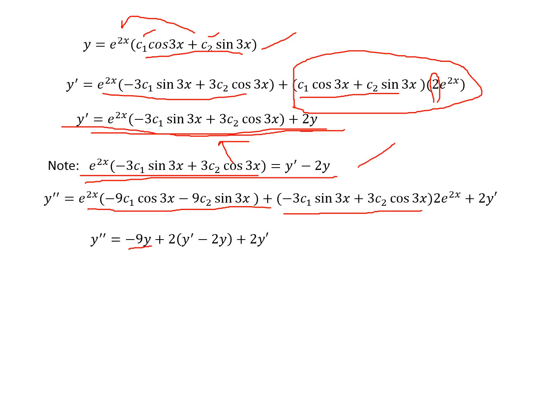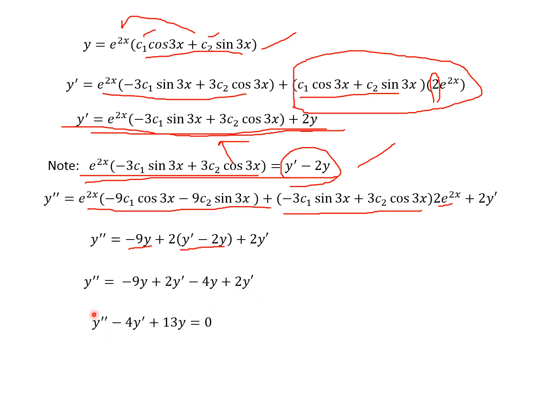This equation times e to the 2x is the same as twice this value, y prime minus 2y, plus 2y prime. Simplify further: y double prime is negative 9y plus 2y prime minus 4y plus 2y prime.